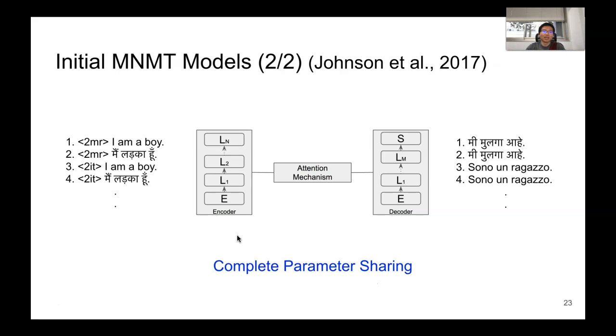That is to say, both the encoder, the decoder and the attention mechanism are shared for all the language pairs. And the multilingual language pairs are combined together and trained with a single structure. That's another initial MLMT model.